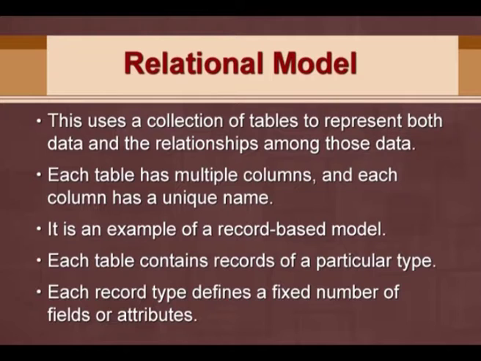So, a variable character, varchar, may be selected as the data type. Like age, integer can be selected as the data type for age. Likewise, you have a number of columns, and for each column the name along with the data type is defined, and this is completely a record based model.